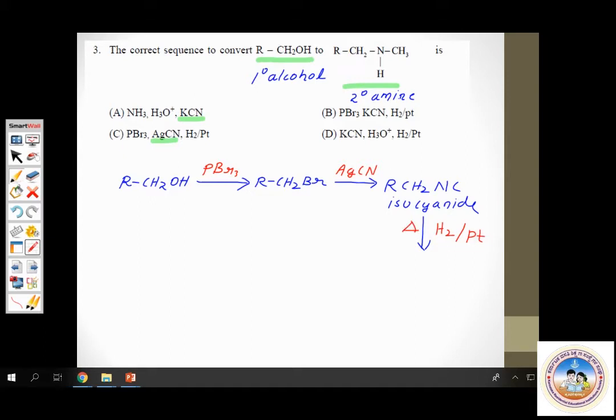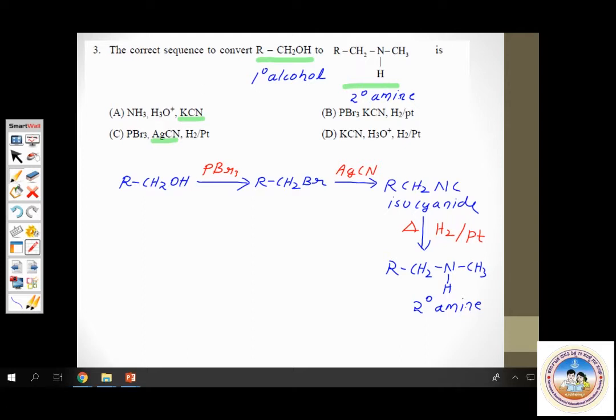Gets reduced to what? Check this. RCH2 remains as it is, and in NC, N takes up one hydrogen, C takes up three hydrogens, NHCH3. Have we got the desired compound? Yes, RCH2NHCH3. This is indeed a secondary amine. Yes, we have got our product.